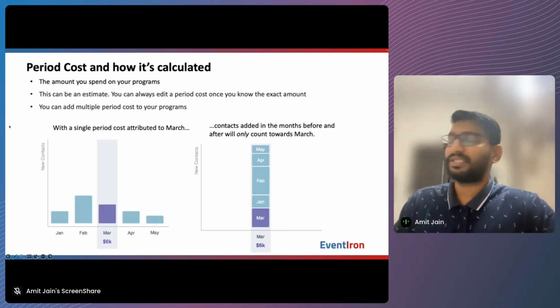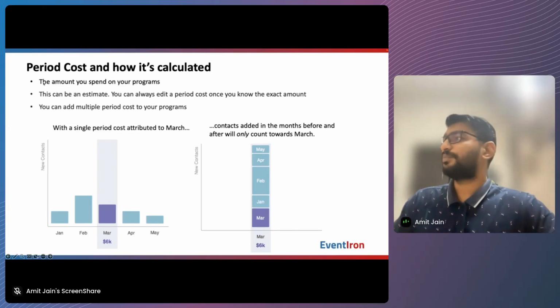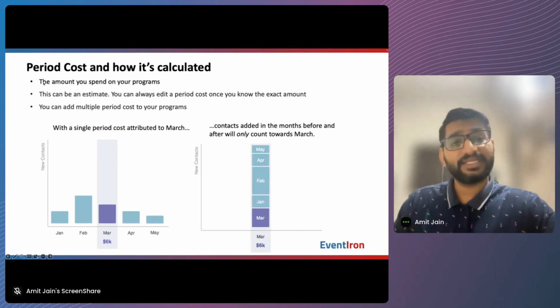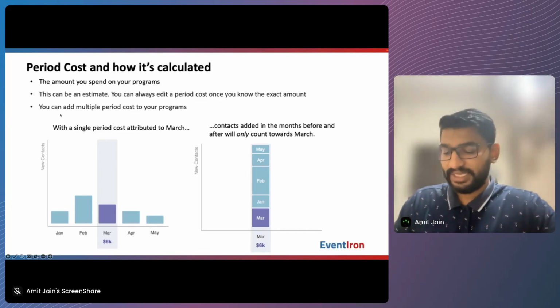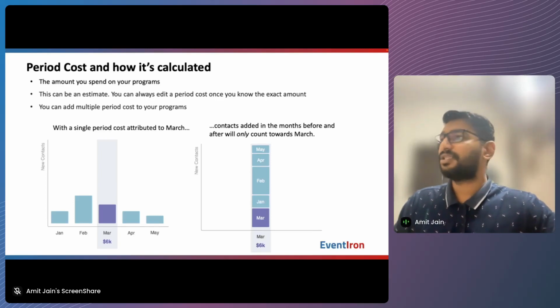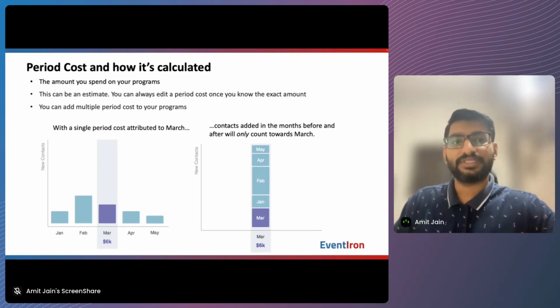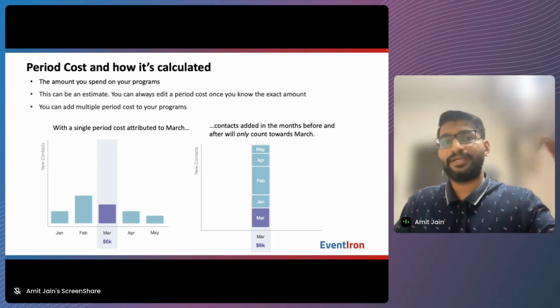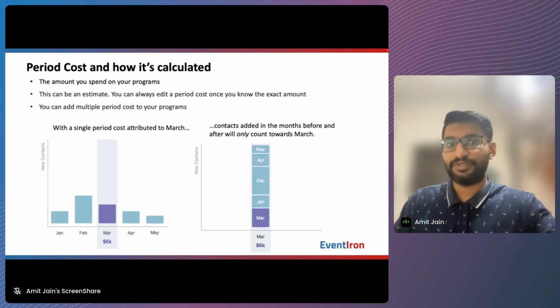In Marketo, that's called period cost. It doesn't have to be really the exact amount. It can be estimated, and you can add it to the period cost anytime. You can come back and add that. The benefit of having period cost is to enable that ROI kind of reporting for yourself, right?